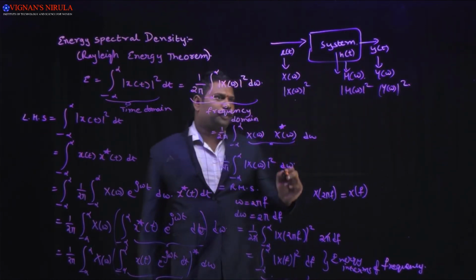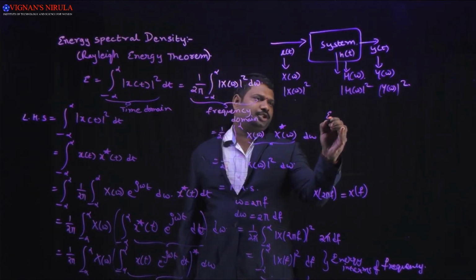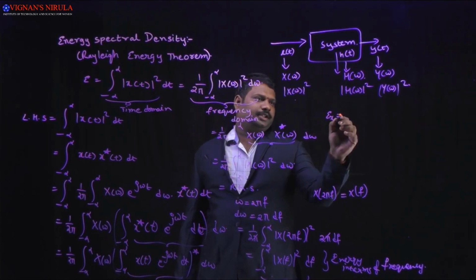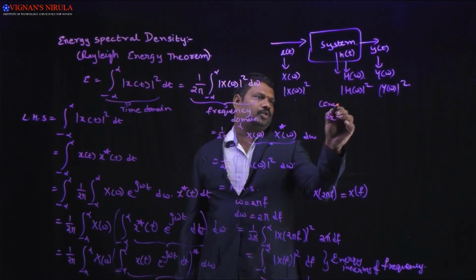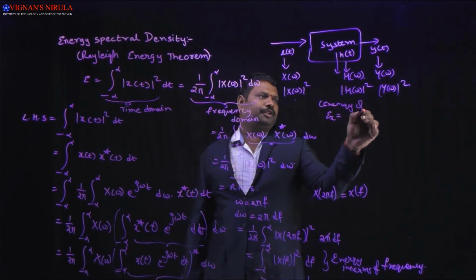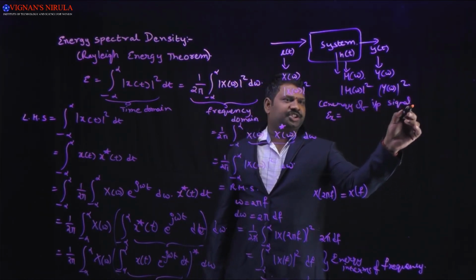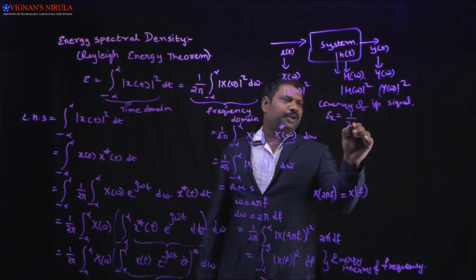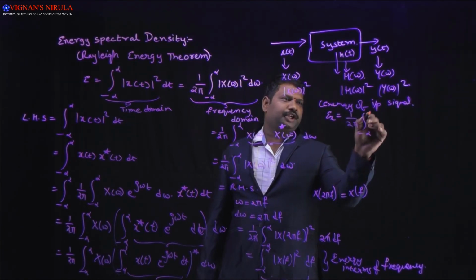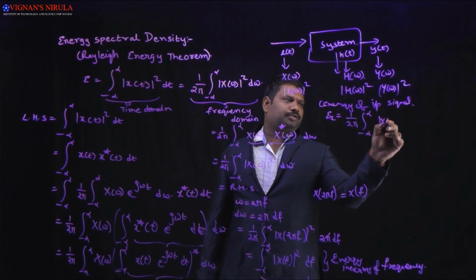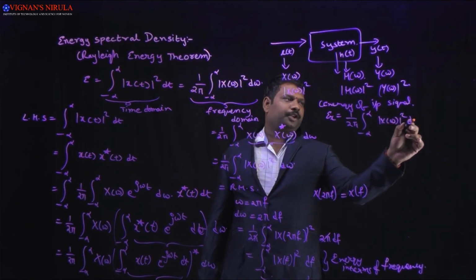We know that from the magnitude we can get the energy of the input signal, which is equal to 1 by 2 pi from minus infinity to infinity of mod of X of omega whole square d omega.